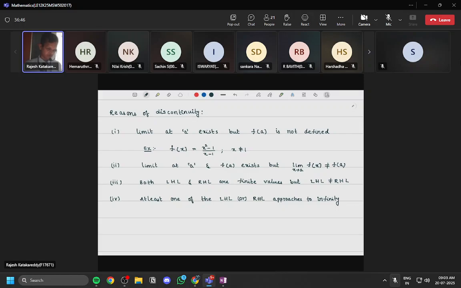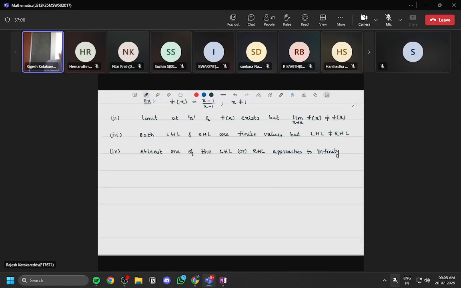Mainly two types: removable type and non-removable type. We can remove the discontinuity, that is removable. We cannot remove the discontinuity, that is non-removable. Clear? Can I scroll up? All copied this.